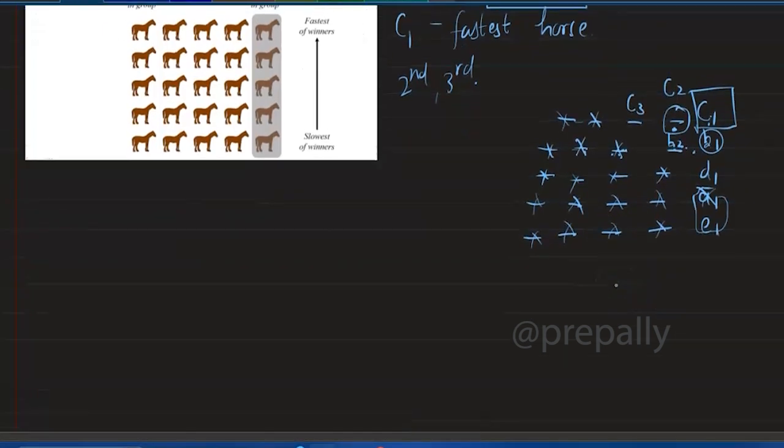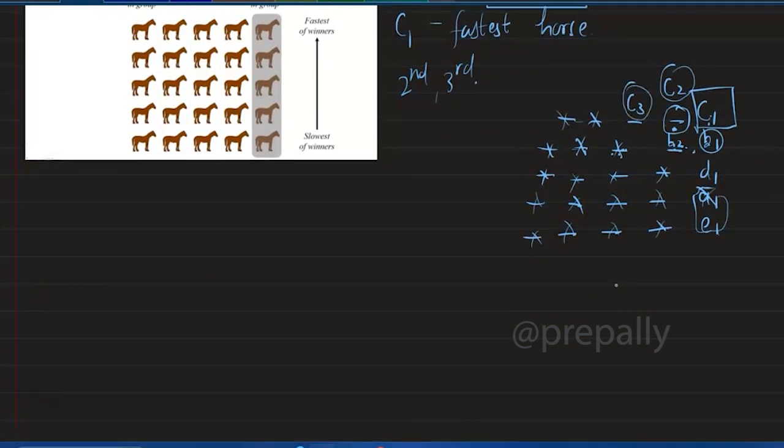So your final race would involve the second and third horses from the group of your fastest horse, the second fastest horse in the group of your second best horse, and the third horse. So you have C3, C2, B2, D1, and I forgot one, B1.